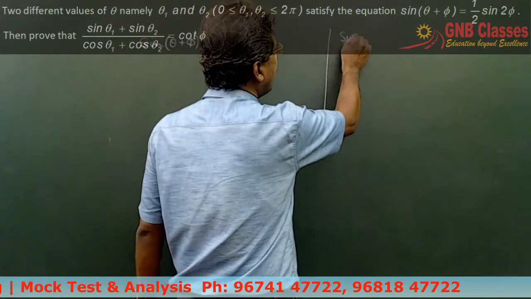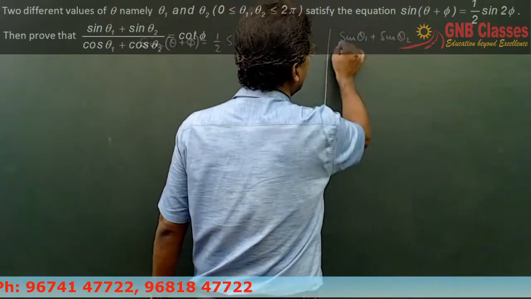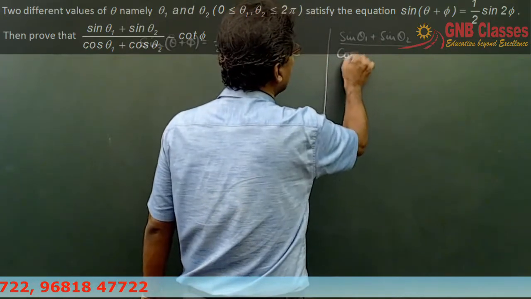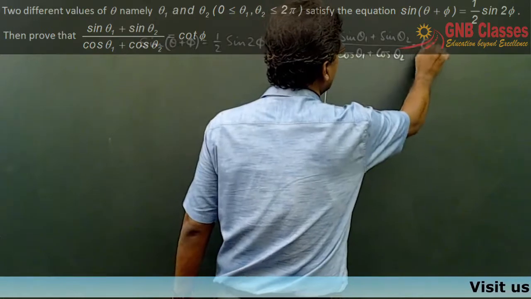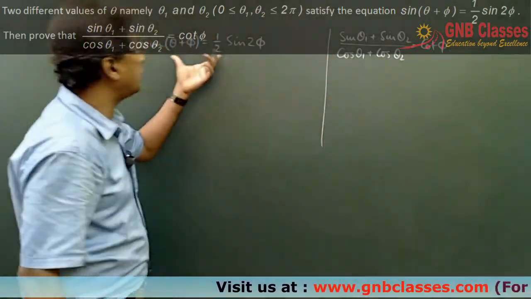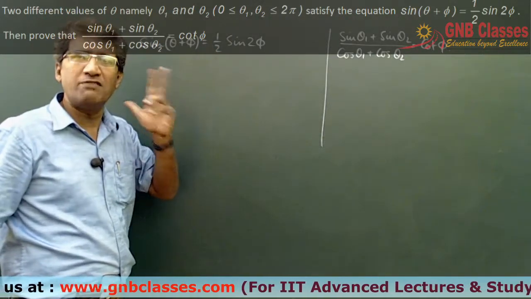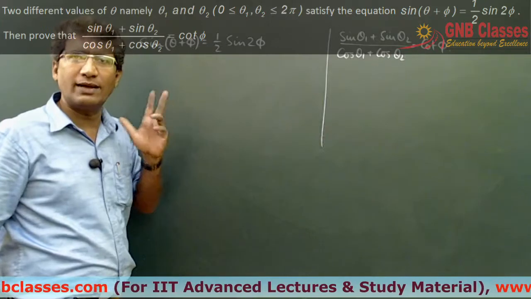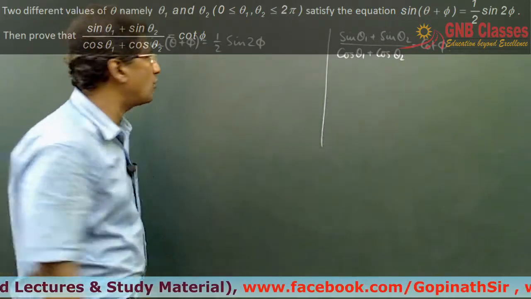We have to prove that (sin θ1 + sin θ2) divided by (cos θ1 + cos θ2) is equal to cot φ.